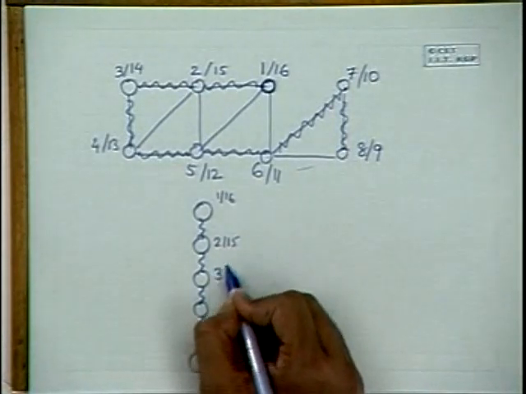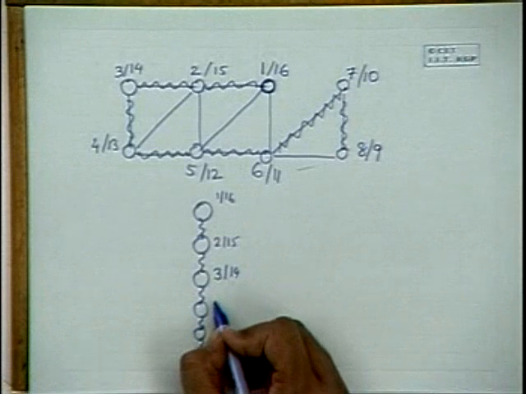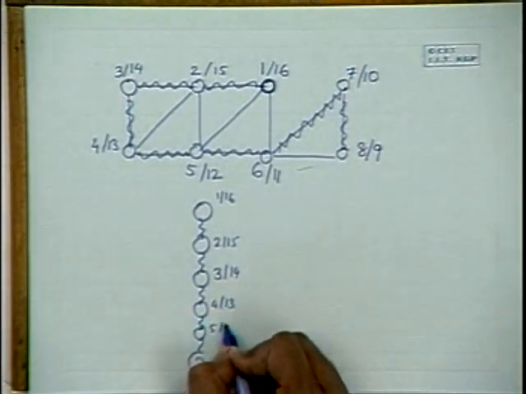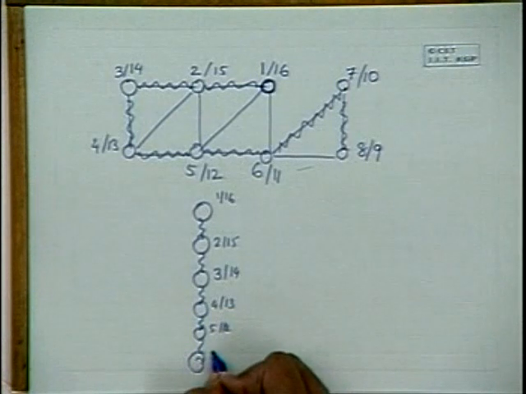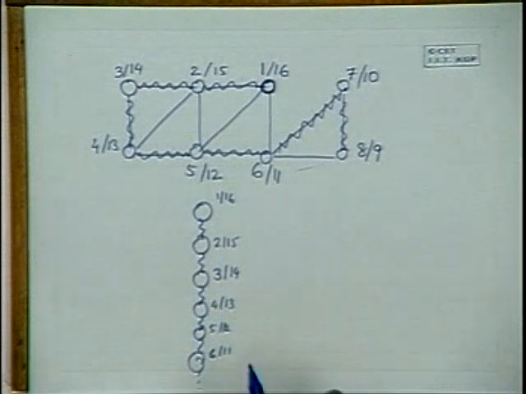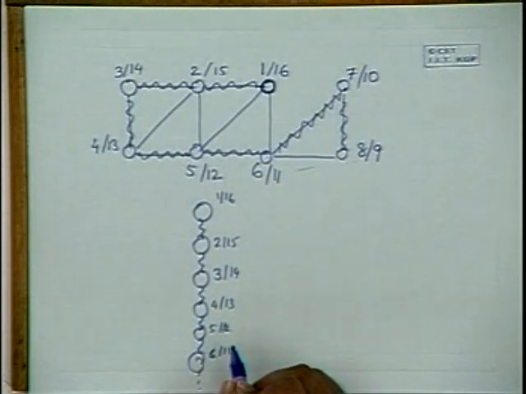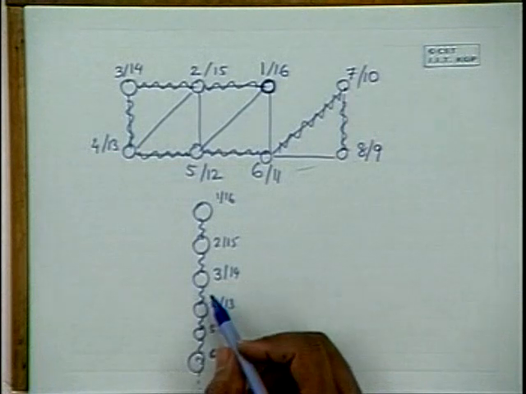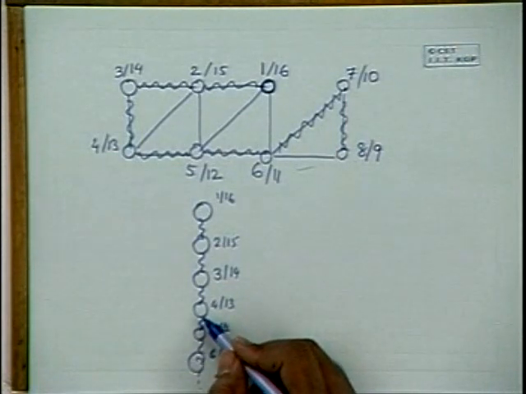This is 3 over 14, 4 over 13, 5 over 12, this is 6 over 11, and actually some more are there. I don't have space to draw, but 7 over 10, 8 over 9 will come. And if you draw the other edges, you can see all the others are back edges in this case.